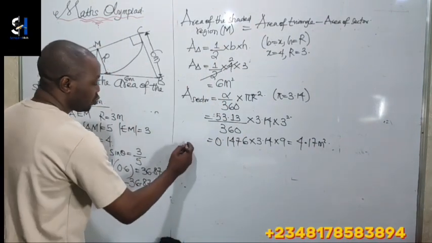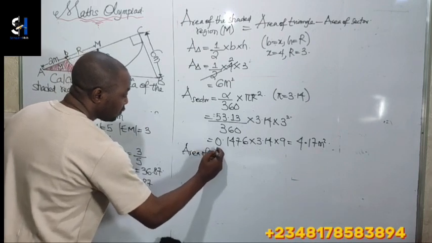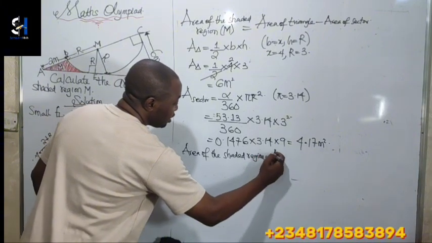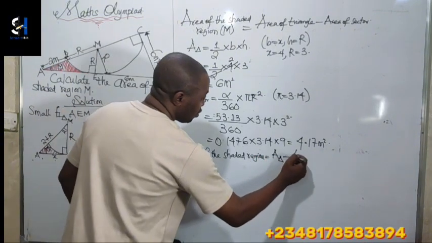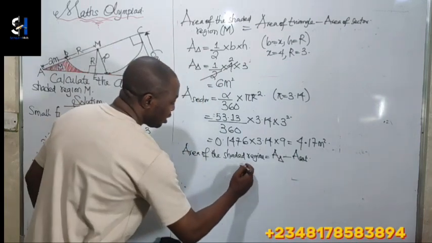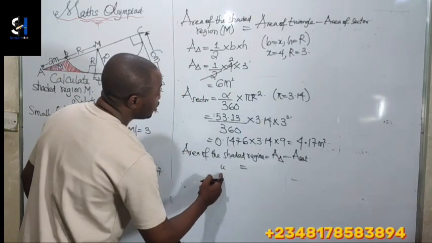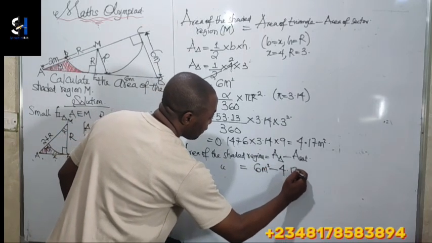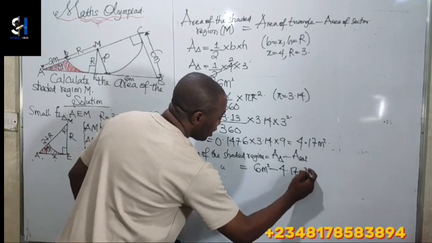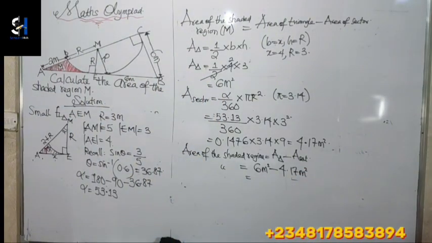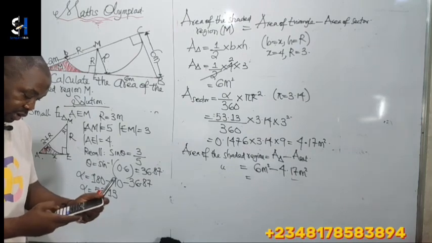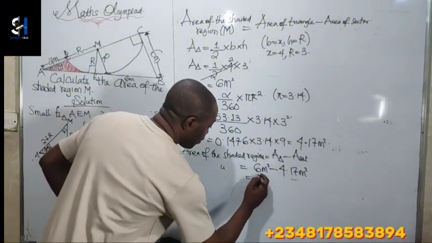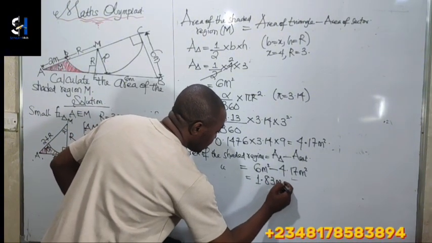So we have the area of the triangle. The area of the shaded region will be the area of the triangle minus the area of the sector. So we have 6 square meters minus 4.17 square meters. 6 minus 4.17 is 1.83 square meters.